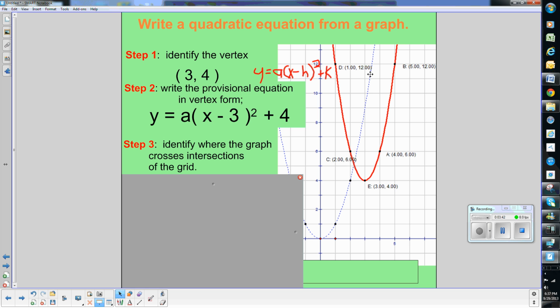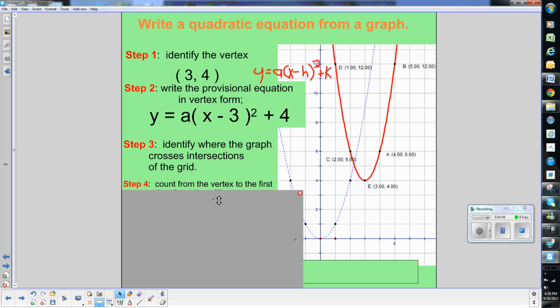And again, it's useful to recall that there's an axis of symmetry that's going through the vertex. So x equals 3 is the axis of symmetry. And these are pairs of symmetric points. And that's just to help you remember what the parts of a quadratic equation are called. So we've identified where the graph crosses intersections of the grid.